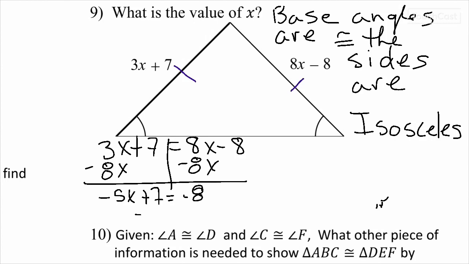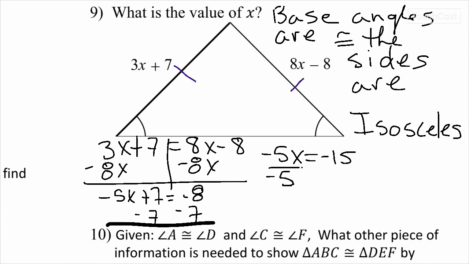I'm going to subtract 7. And then I will get negative 5x equals negative 15. Handy dandy calculator. Divided by negative 5. X equals 3. Nice.